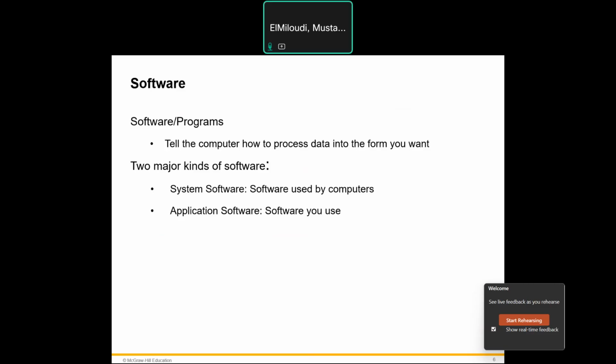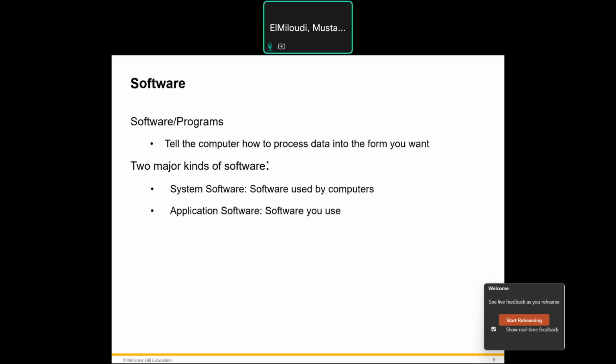When two people speak two different languages, there's no way they can communicate unless you have someone in the middle who can translate. That's what the system software does. For example, Windows: when you click on something, or drag a folder or file, you are sending a message to the computer. The system software translates that into a machine language that the computer can understand.